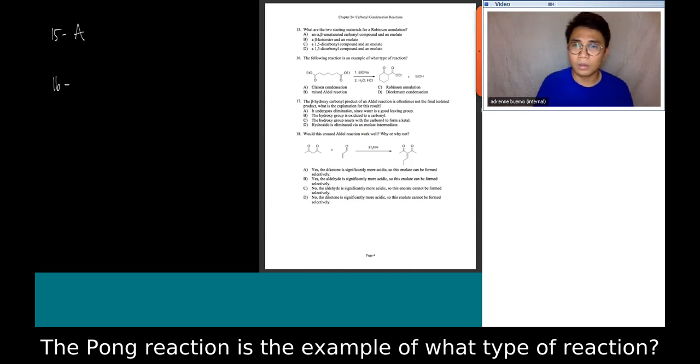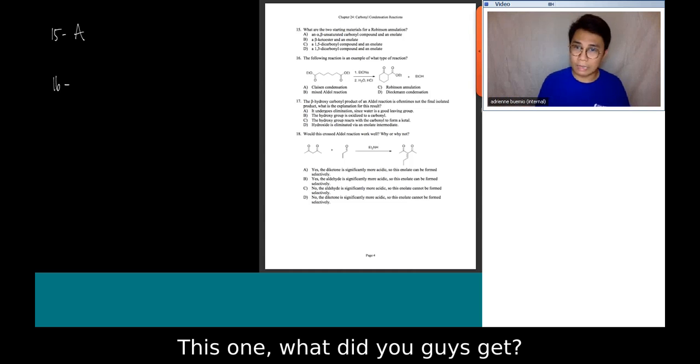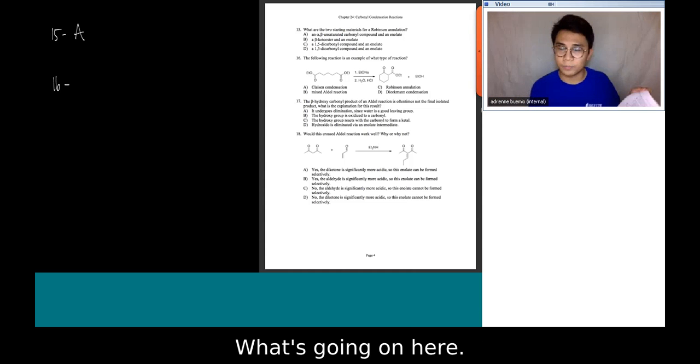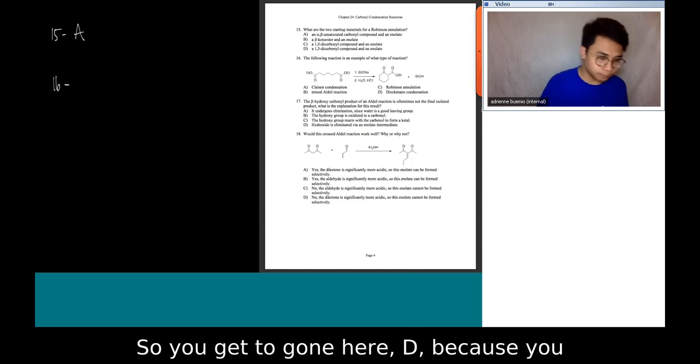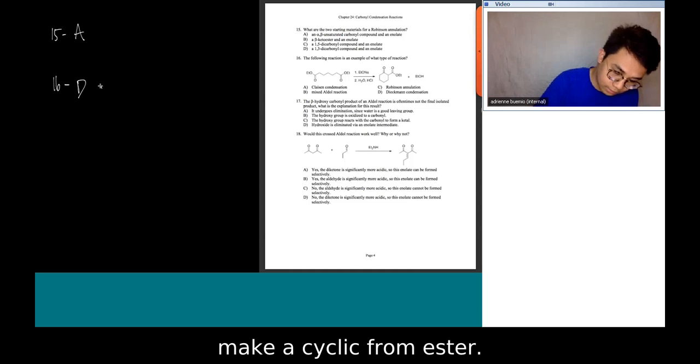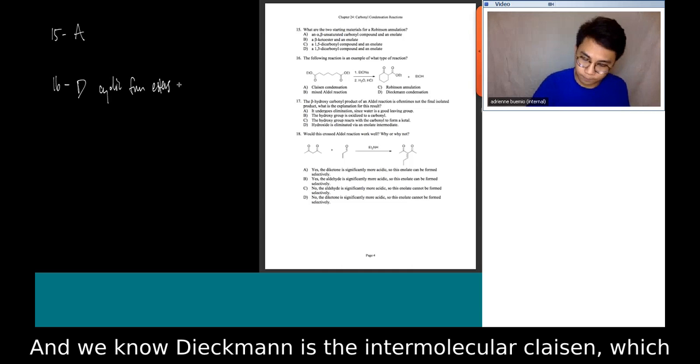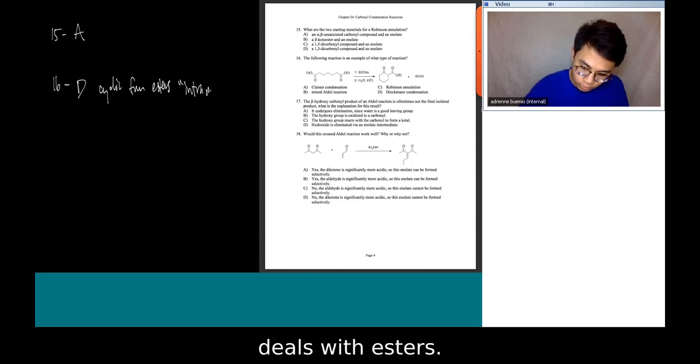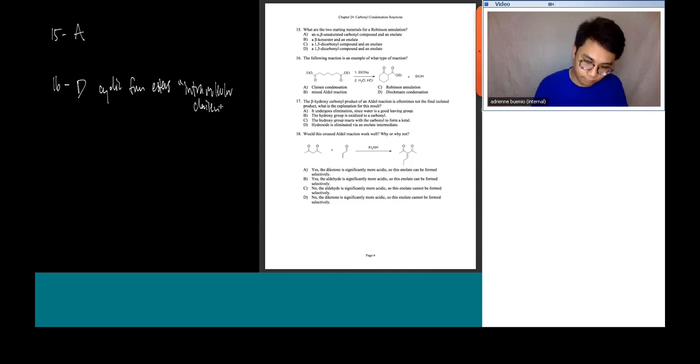16. The following reaction is an example of what type of reaction? What's going on here, right? You should have gone D, because you make a cyclic compound from ester. And we know Dieckmann is the intramolecular Claisen, which deals with esters, right?